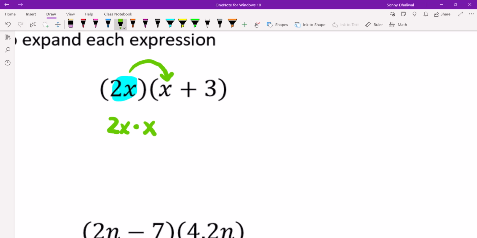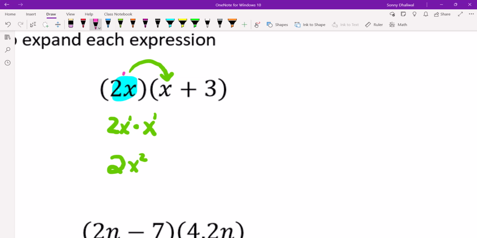Then we perform that calculation. It's just 2x squared. So when we multiply the coefficients, this is the 2 and this is the 1, so it just stays the 2. With the variables, we just add the exponents. 1 and 1, add them up, gives us 2.